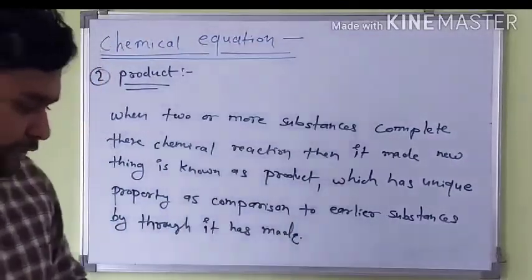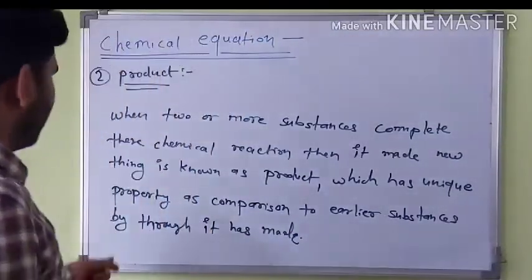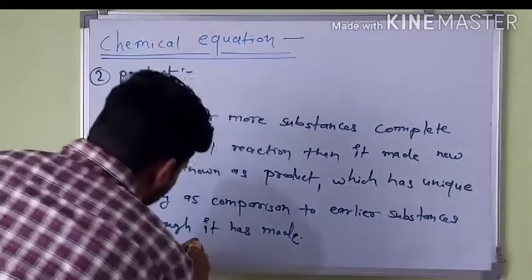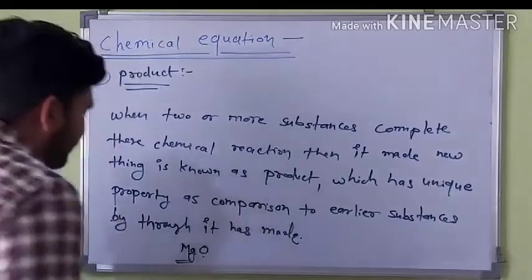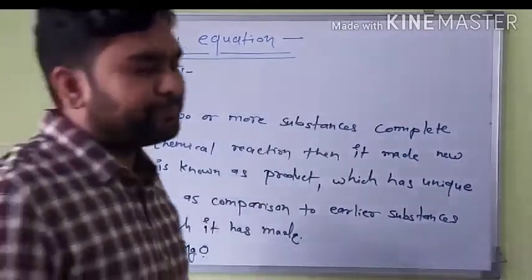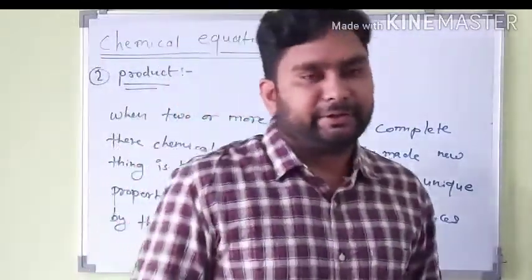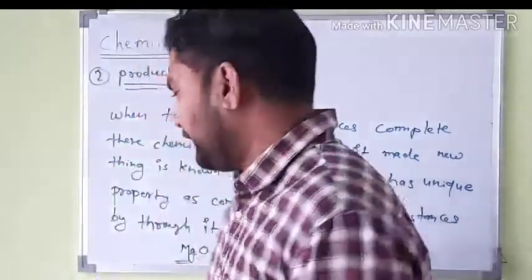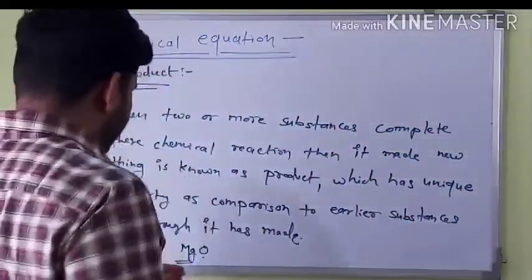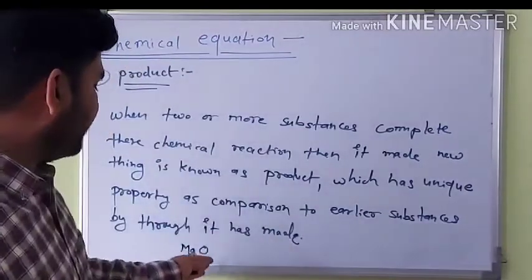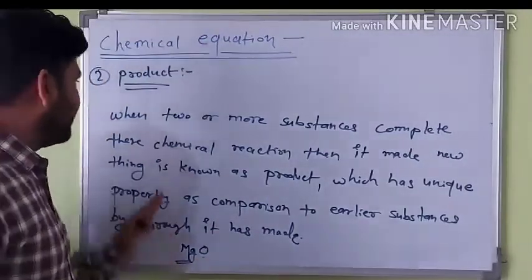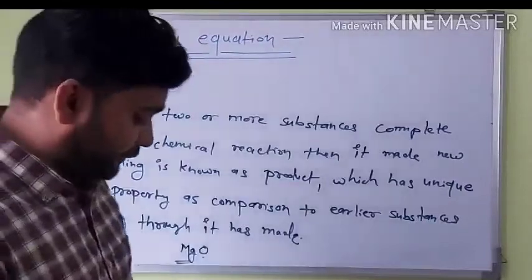Okay, so that is the definition of product. In our equation 1, magnesium oxide is our new product, which is different from magnesium and oxygen, and having different properties.